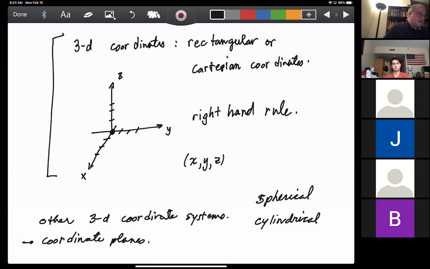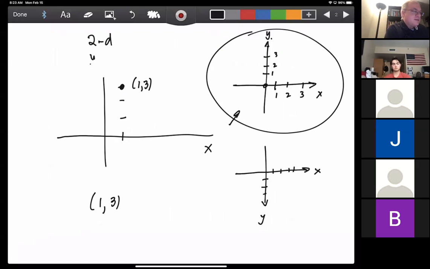Okay, and let me just go back to the XY system. So you may remember that there's a way of naming the quarter planes.